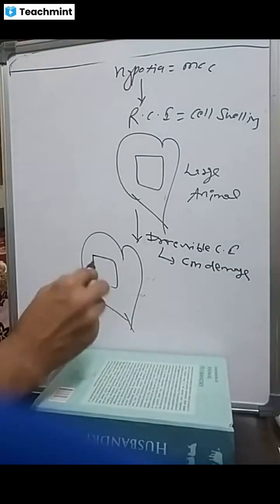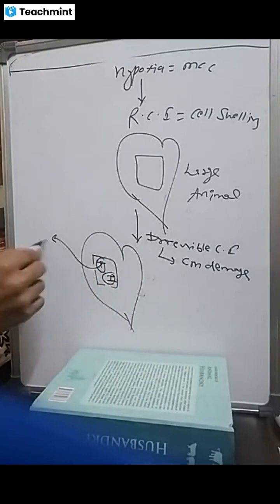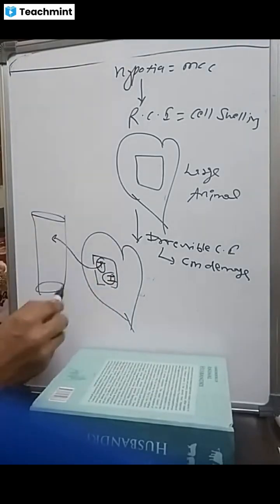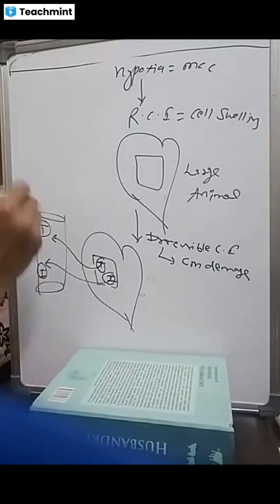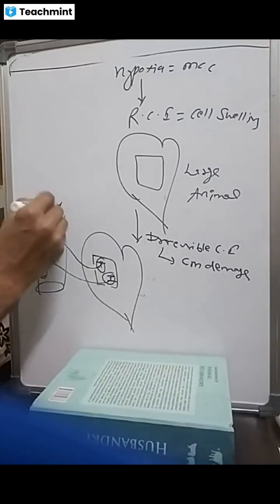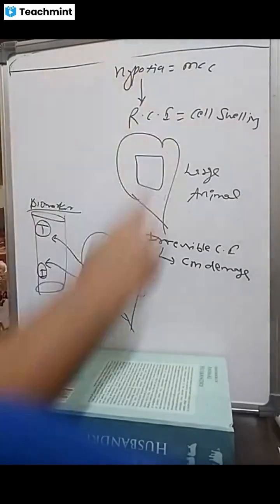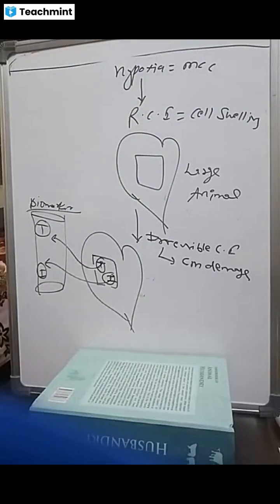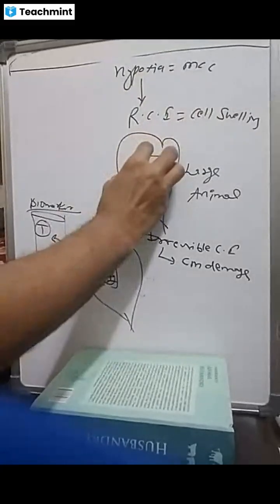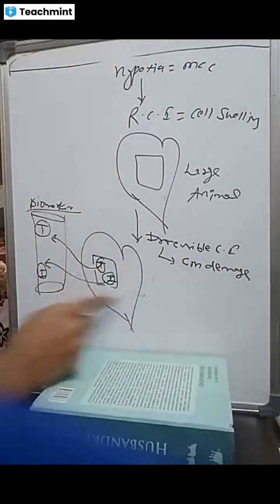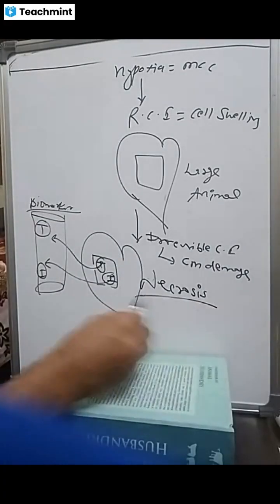Because of cell membrane damage, troponin T and troponin I leak out into the blood, which are nothing but the biomarkers of cardiac injury. So this is the significance of necrosis, where in the blood you may find some biomarkers. So hypoxia, reversible cell swelling, irreversible membrane damage, and this pattern is called necrosis.